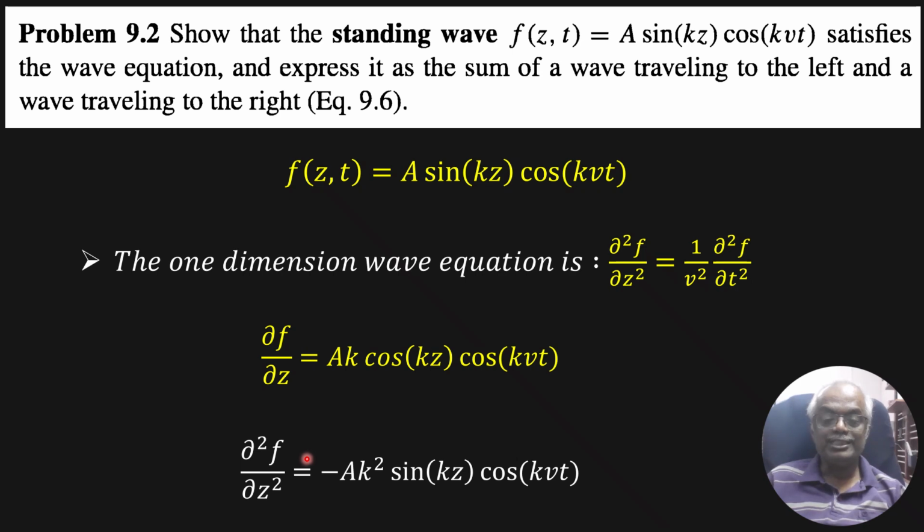Then you take the second derivative. If you differentiate cos(kz) again, you get minus sin(kz). So you take the negative sign, and k multiplied by k gives k squared: ∂²f/∂z² = −A k² sin(kz) cos(kvt), where v is the velocity here.